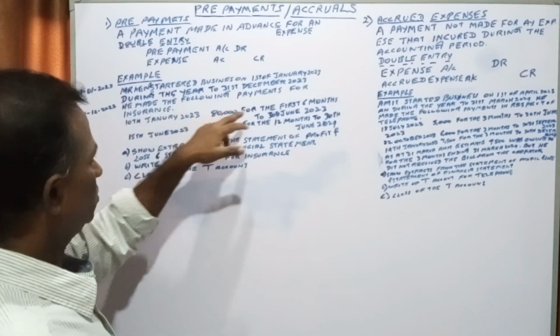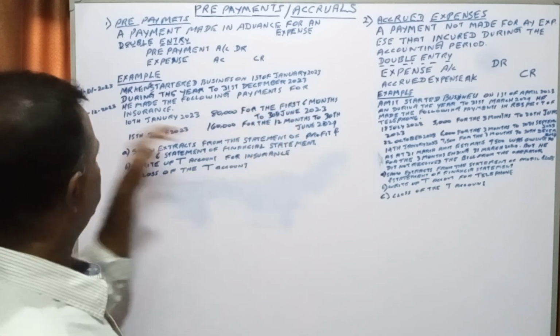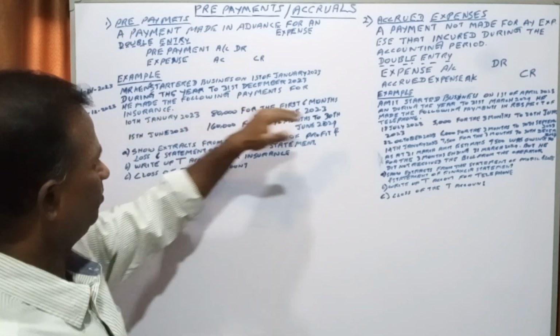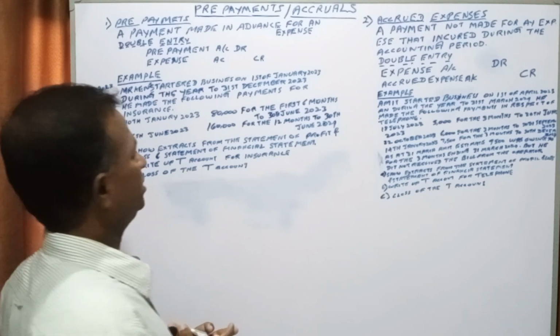Okay, so prepayments for insurance. Then he made the following payments for the insurance. A very good example is insurance, right?